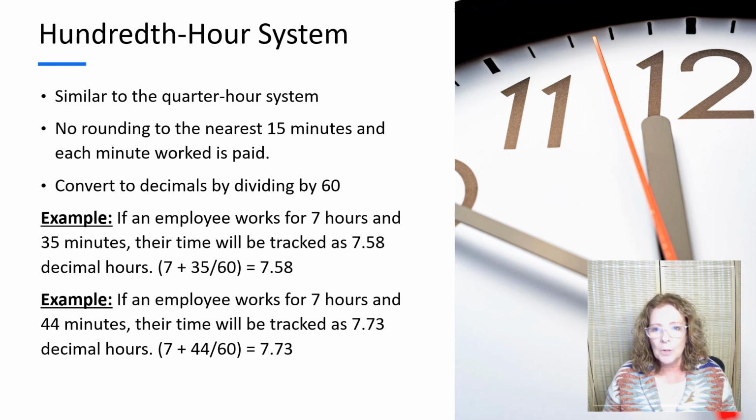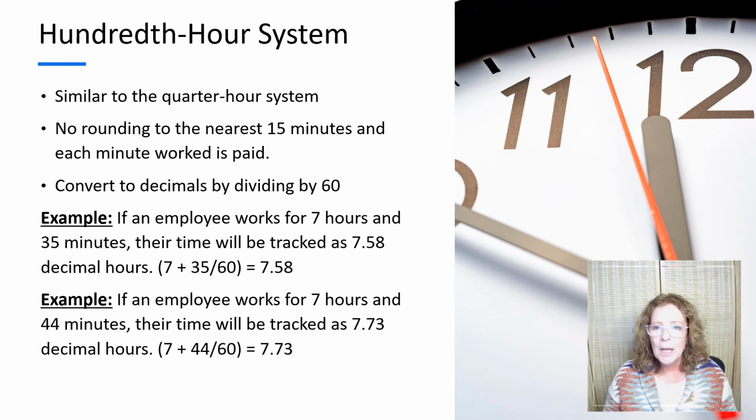So for example, if an employee works for 7 hours and 35 minutes, their time will be tracked as 7.58 hours, where the minutes are converted to the decimal value by dividing 35 by 60 for a result of 7.58 decimal hours.